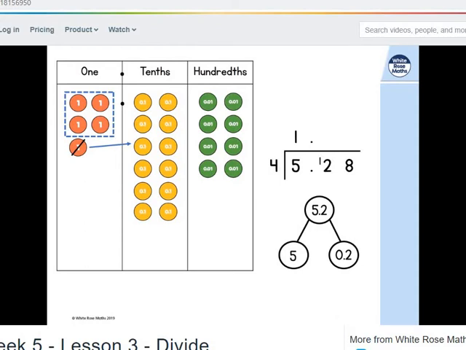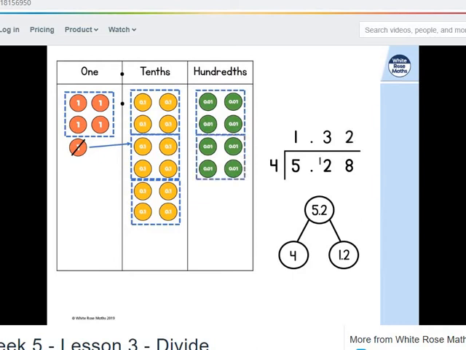So in essence, rather than thinking about it as 5 and 0.2, we've thought about it as 5.2 is the same as 4 and 1.2. We just thought about how we partitioned it. So 1.2, or 12/10, let's find groups of 4. Well, there'd be 1, 2, 3. Let's record that. And then in our hundredths, we can see there would be 2 groups of 4. So it would be 1.32.